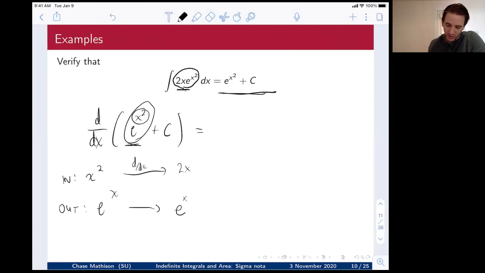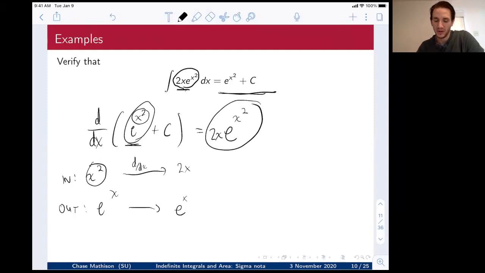So then the derivative of e to the x squared is the derivative of the outside, e to the x, evaluated at the inside, so e to the x squared, and then times the derivative of the inside, which is 2x. And then the derivative of the constant c is just 0. So I'm left with 2x e to the x squared, which is exactly what we wanted to be left with.